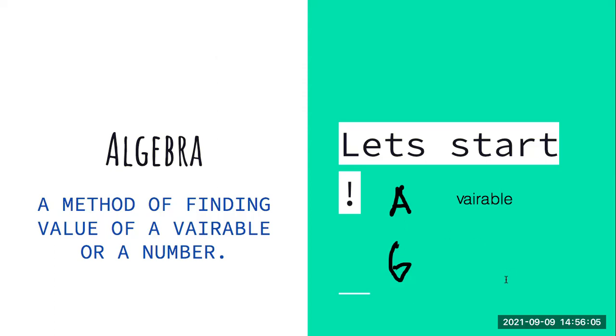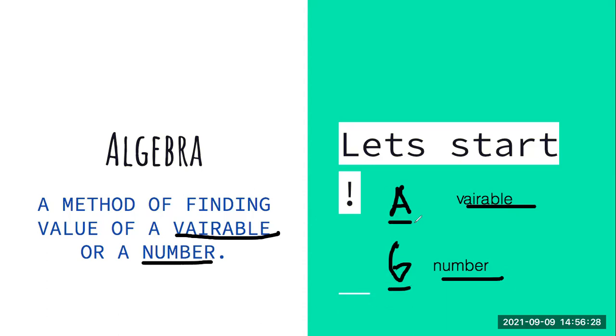So if we replace the sentence with these values, we just need to replace this with what is given here. Variable A, number 6.